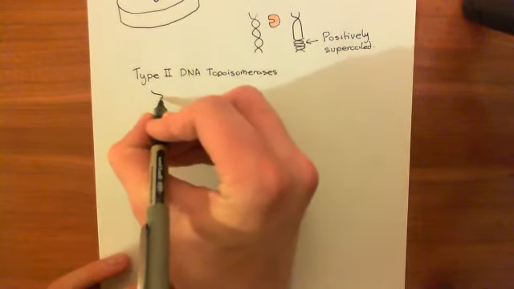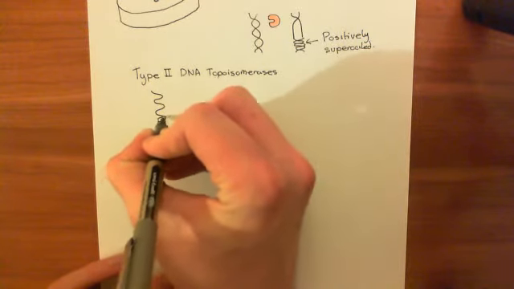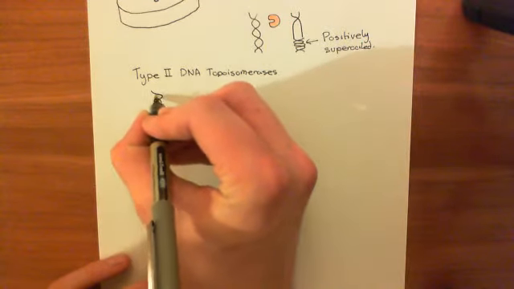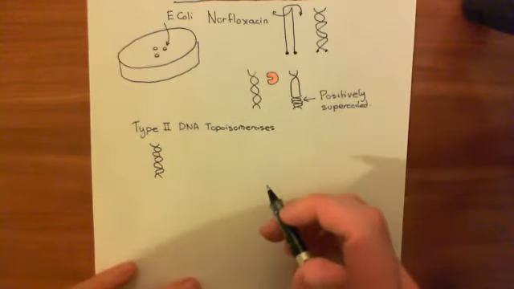So let's say we have a piece of DNA which is too coiled, basically, like so. So it's got too many twists in these two DNA strands that are complementary here.